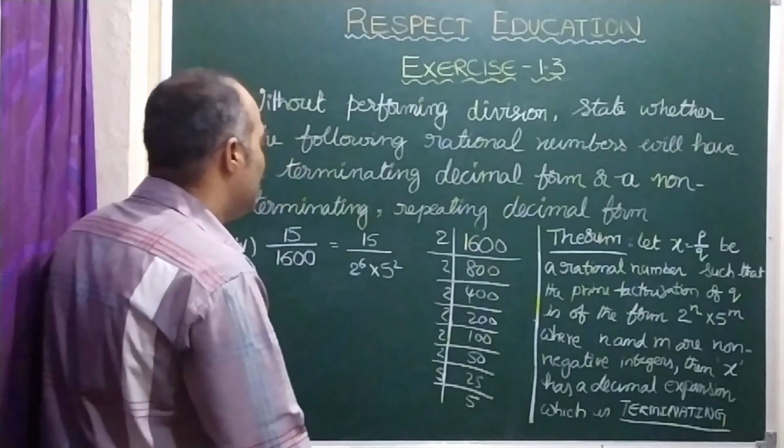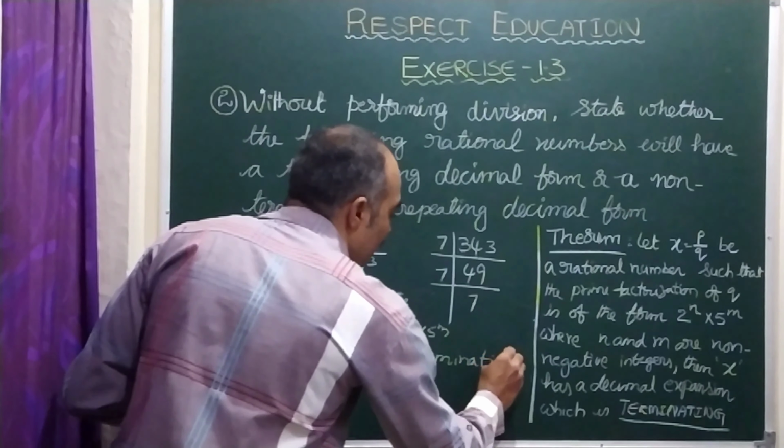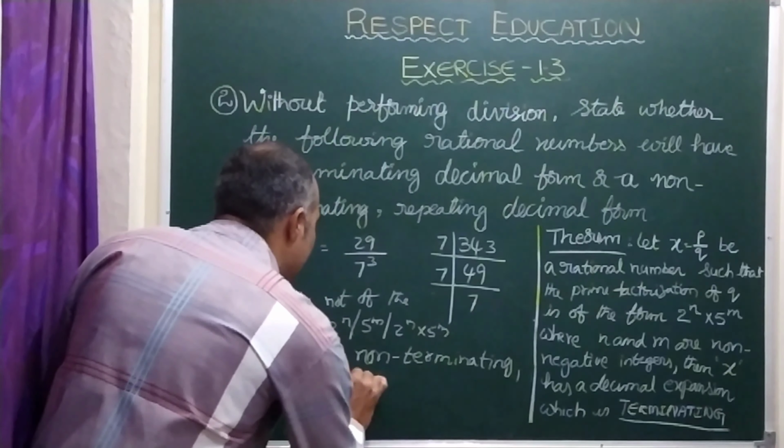So the prime factorization of q is not of the form 2 power n, or 5 power m, or 2 power n into 5 power m. So it is a non-terminating repeating decimal form.